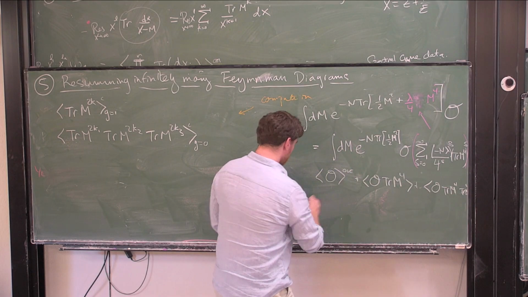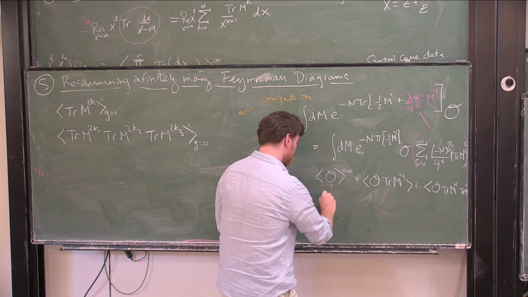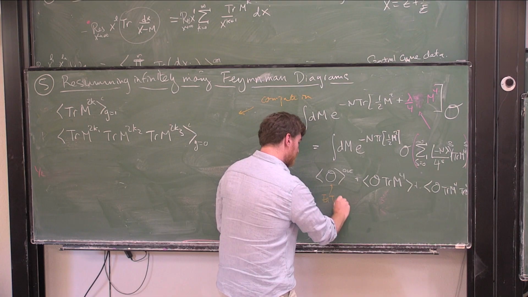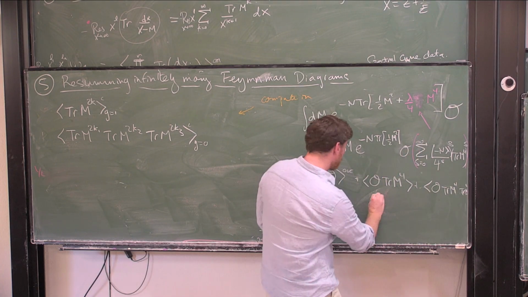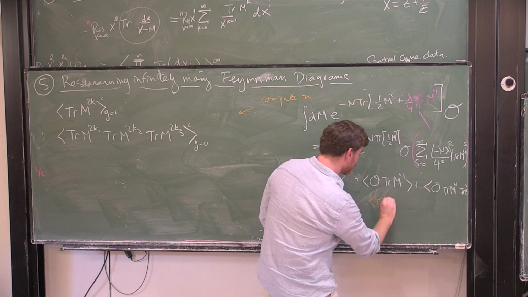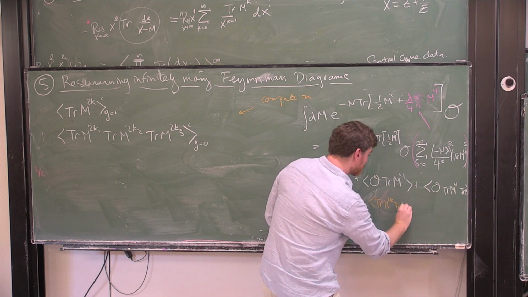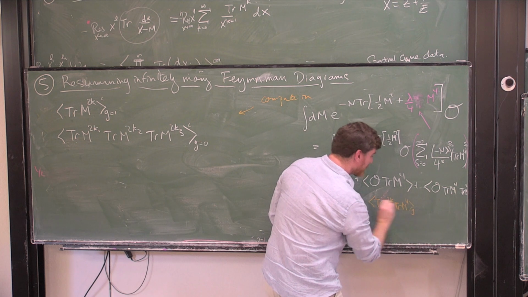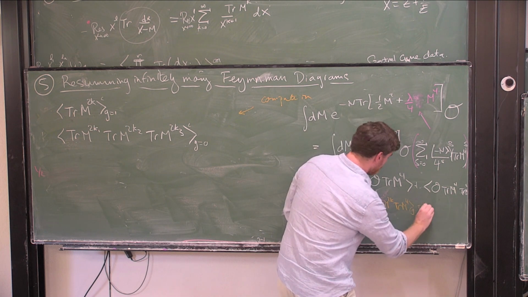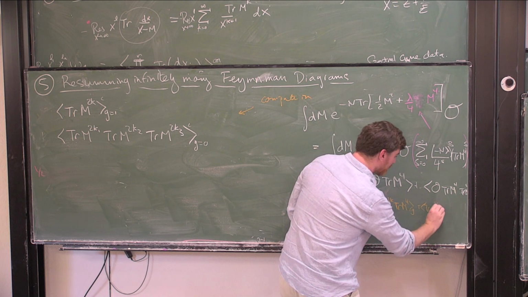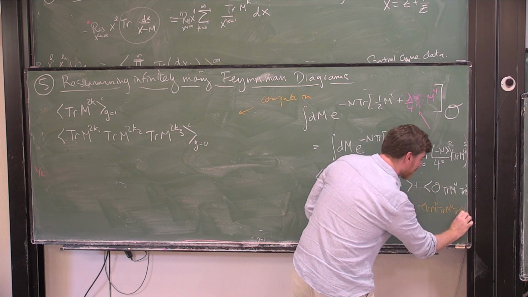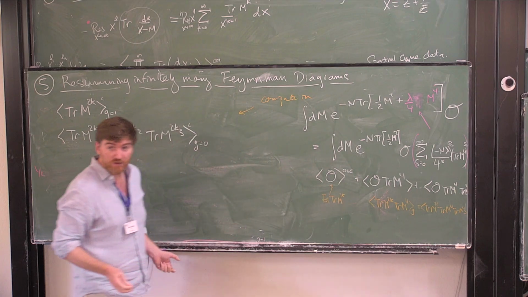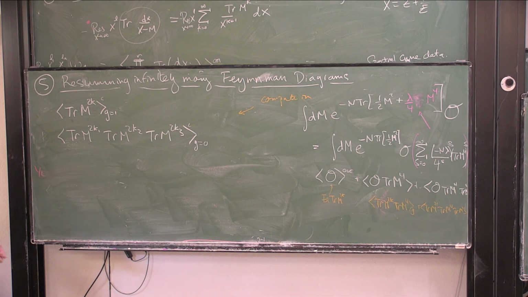So this could be, for example, trace m to the 2k, which we just computed. That would be the same answer as over there. But now we would need to compute something like trace m to the 2k, trace m to the 4 at some genus g. And then here, trace m to the 2k, trace m to the 4, trace m to the 4, etc., etc. So you can see this is infinitely complicated in some sense.